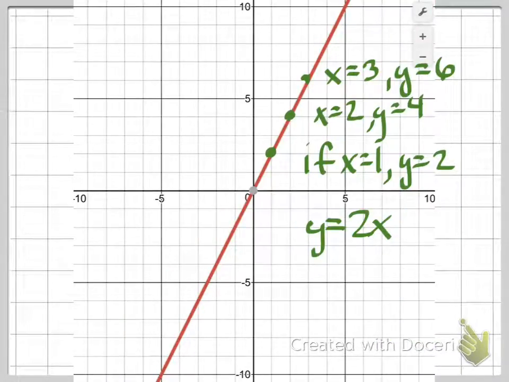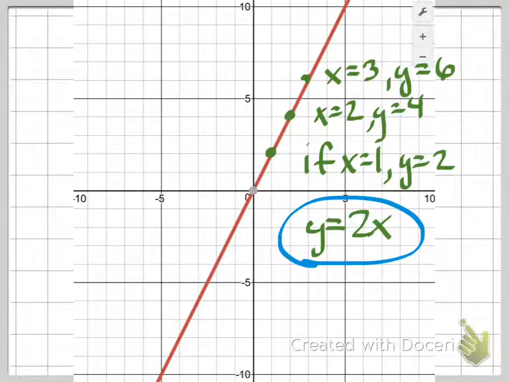This function is expressed as y equals 2x. What this is saying is, if x equaled 1, then y would equal 2. How I got that? Look at this dot and pay very close attention. Remember that my original function looks like this.